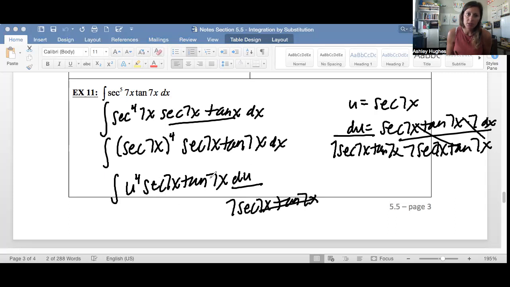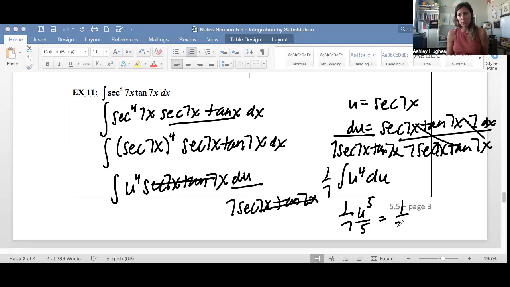So this cancels with that, and you're left with 1/7 u to the 4th, and so 1/7 u to the 5th over 5, and so that is 1 over 35. U is secant, so plug back in your secant to the 5th 7x plus c.